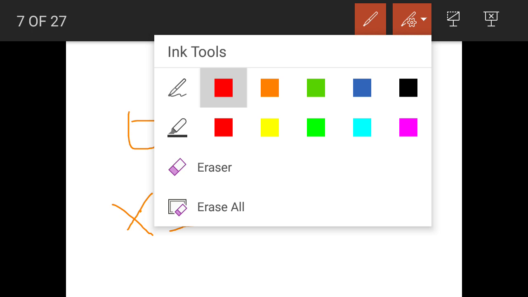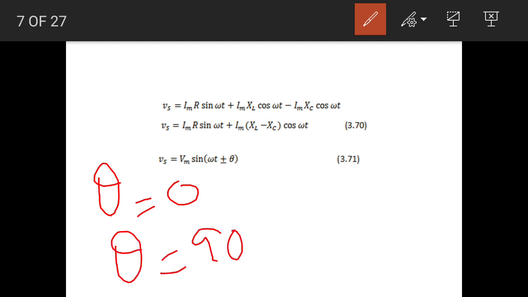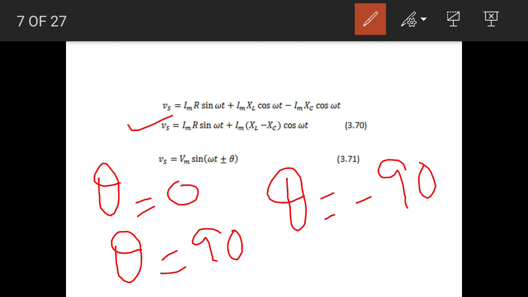If we look at all these equations, the phase angle of the voltage across the resistor is 0. The phase angle of the voltage across the inductor is plus 90 degree. The phase angle of the voltage across the capacitor is minus 90 degree. So this AC voltage will have a phase angle.